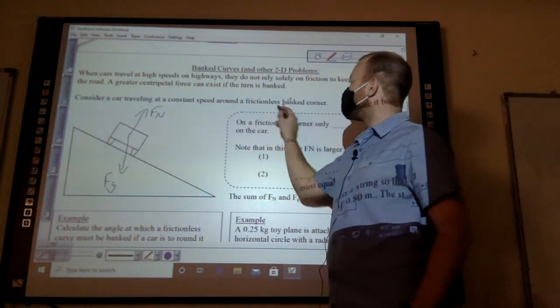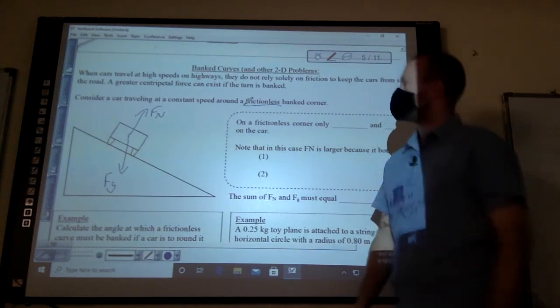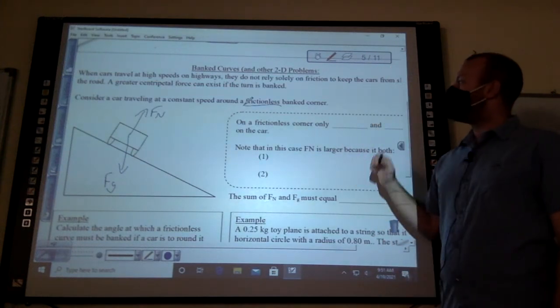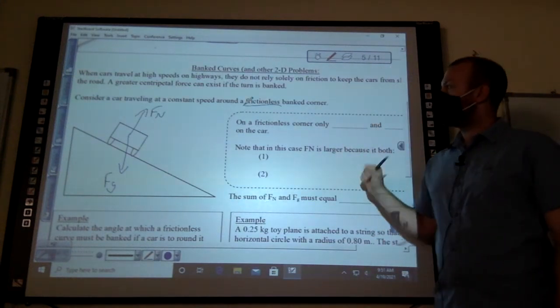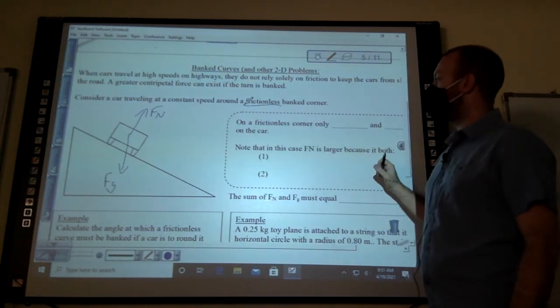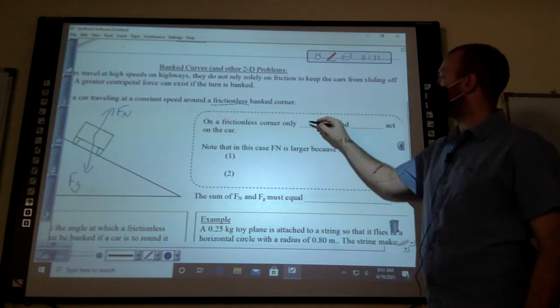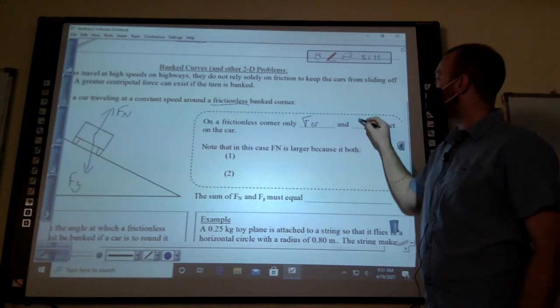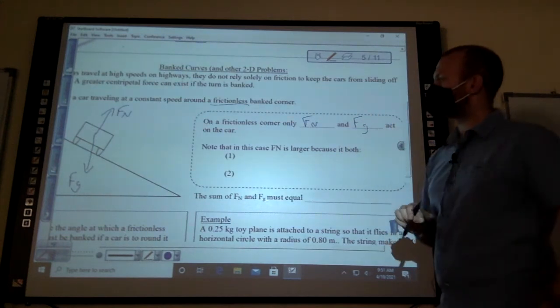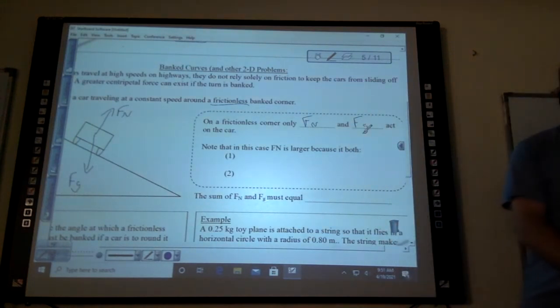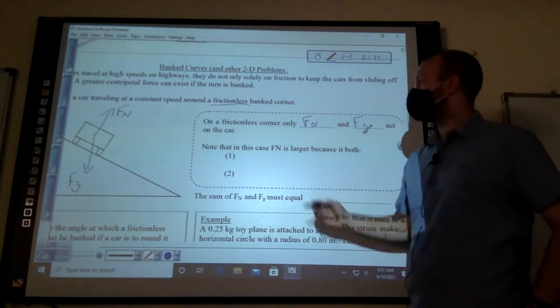So notice here, it's frictionless, so we're not going to talk about friction. On a frictionless corner, only Fn and Fg are acting on the car. Note, Fn should be larger because it does two things.